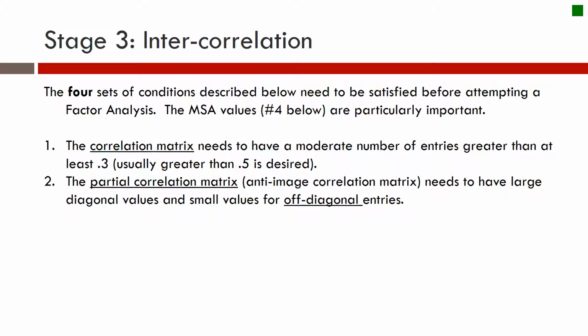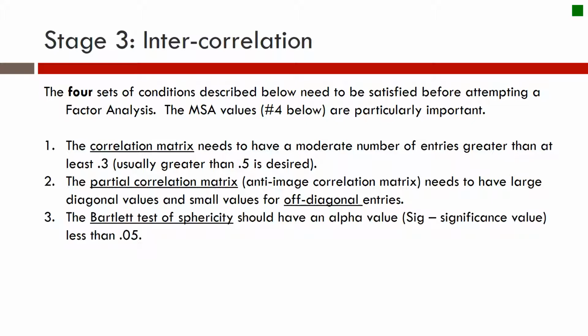So if you have variable 1 in a column and variable 1 in a row, look at that box for variable 1. That's the diagonal. That indicator there should be above 0.5. That's ideal. Anything in the off-diagonal should be below 0.5. So the off-diagonal entries should be small, the diagonal entries should be large. So the partial correlation matrix is a second look at this.